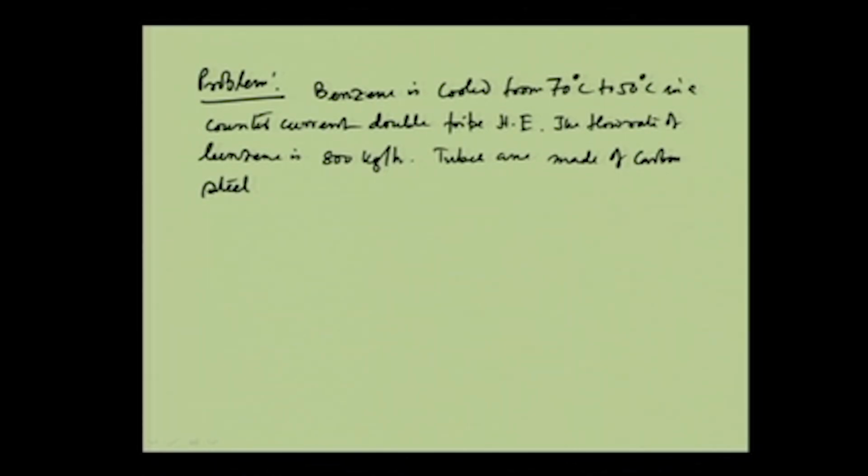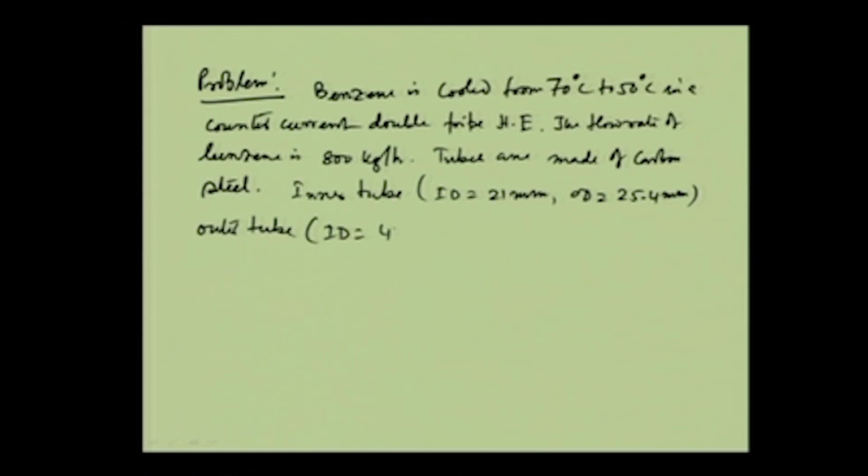And inner tube ID is equal to 21 millimeter, OD is equal to 25.4 millimeter, where ID means inner diameter and OD means outer diameter. Outer tube ID is equal to 40 millimeter and OD is equal to 48 millimeter.